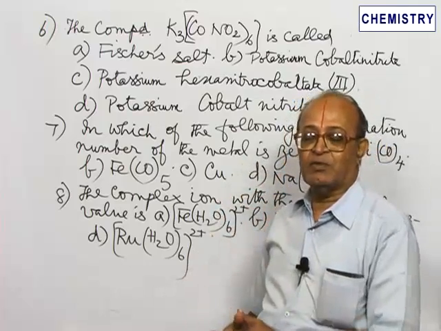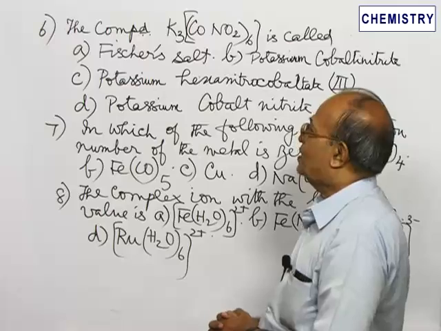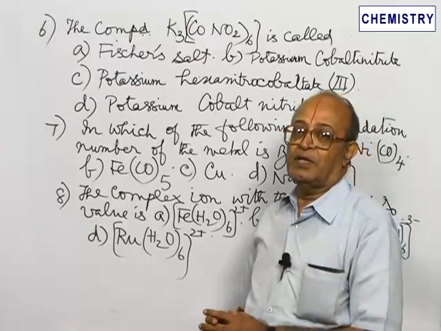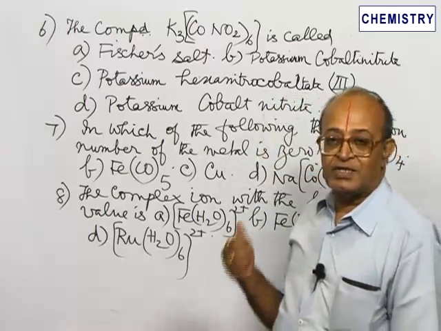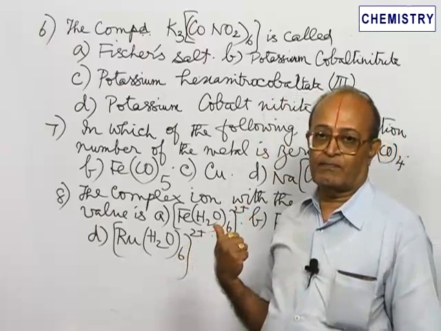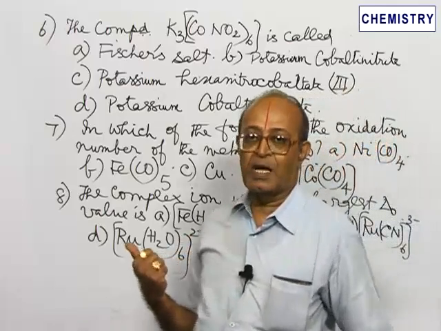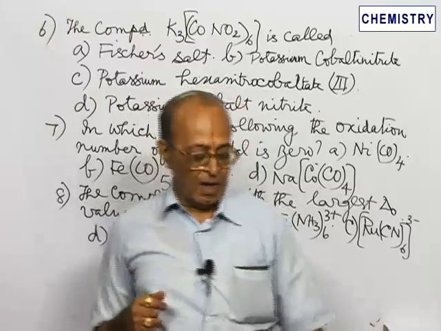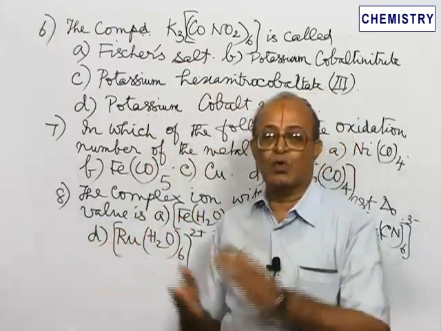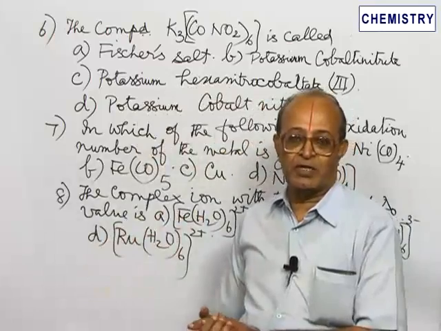All these are possible. And here in this particular example, the complex ion is the anion. Probably you remember the rules governing the nomenclature.